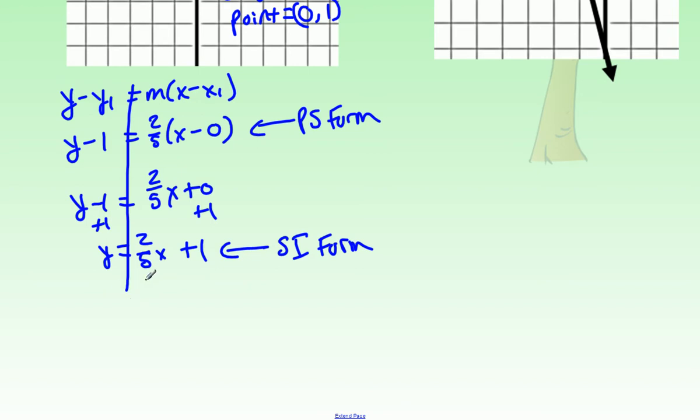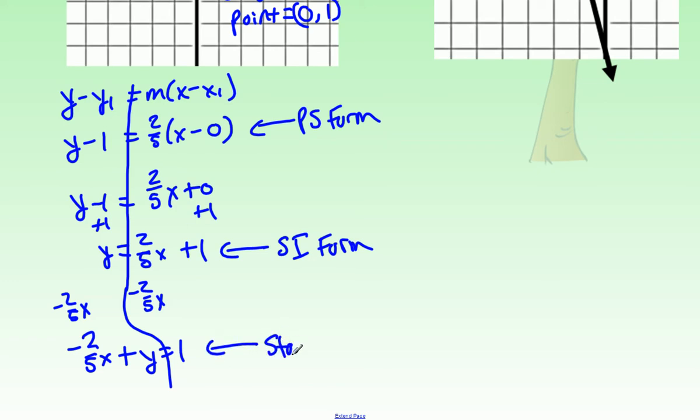And then to get to standard form, we get the x and the y together. So I'm going to subtract 2/5 x, giving me negative 2/5 x plus y equals 1. And that is standard form.